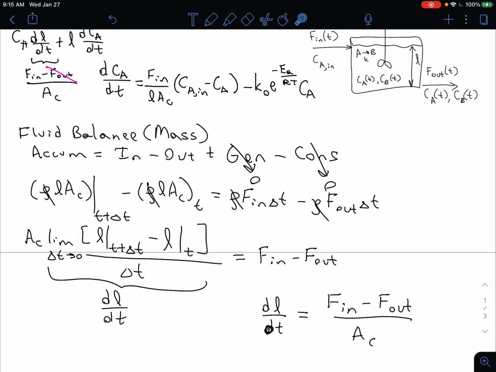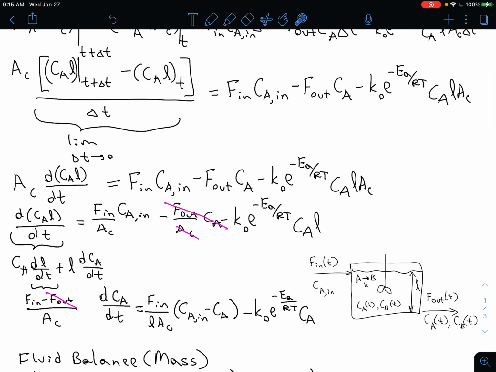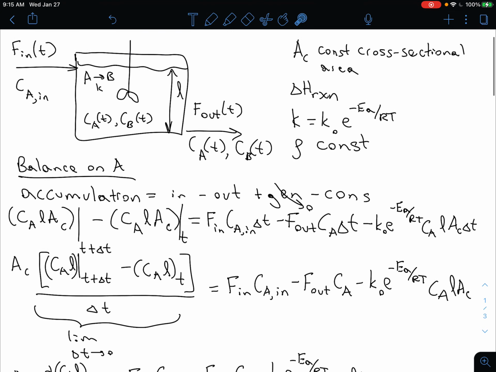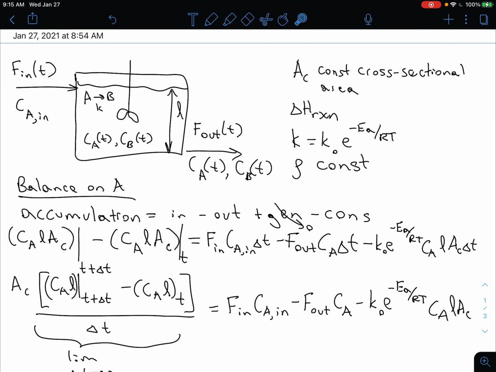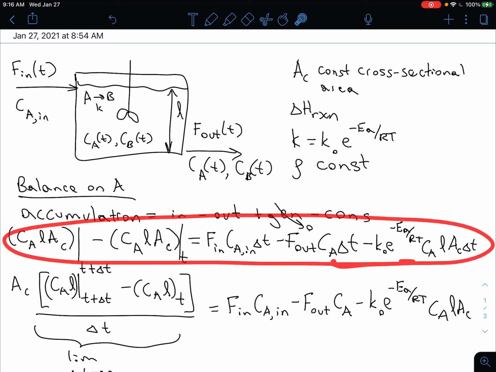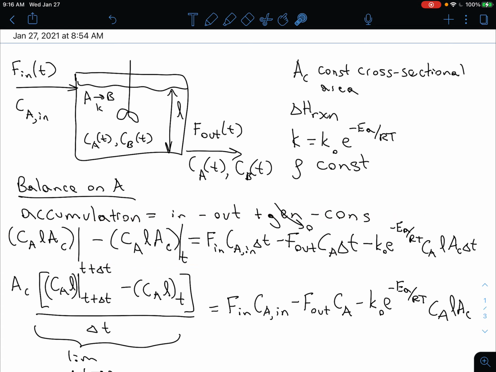Now the question also asked to do a balance on B. So if we wanted to calculate CB as a function of time, that would look very similar to the balance on A. I'll get to it at the end of the video, but not everyone wants to watch the whole video. So if you do a balance on B instead of A, it would look very similar to this, except you would change all the subscript A's to subscript B's, and you would recognize that this reaction generates B rather than consuming it.